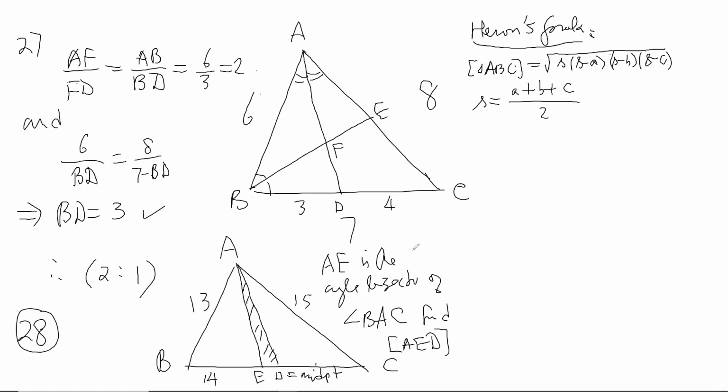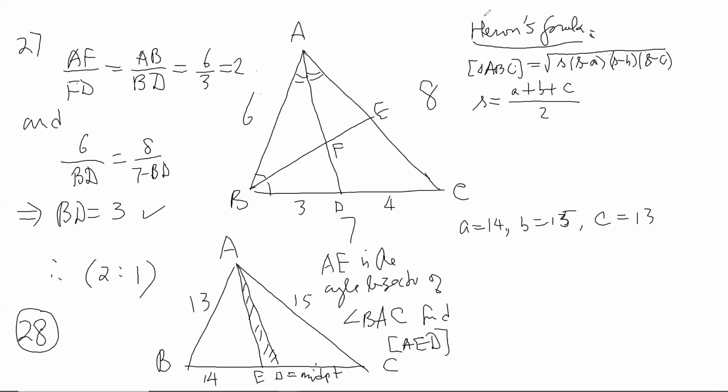So A is equal to 14, B equal to 15, and C equal to 13. Agree? So A, B, C are the lengths of the sides opposite the angles, like A is opposite angle A here. You understand?